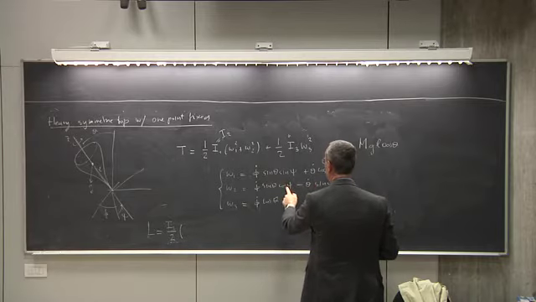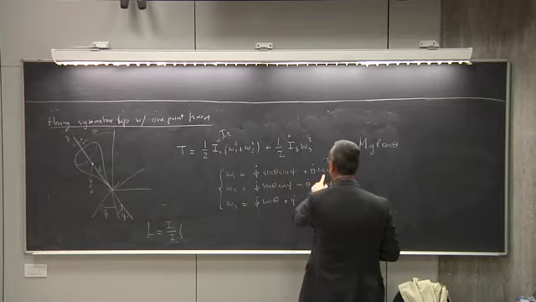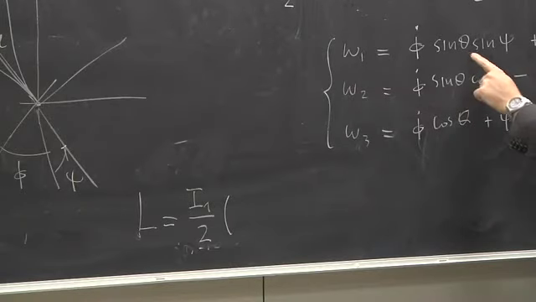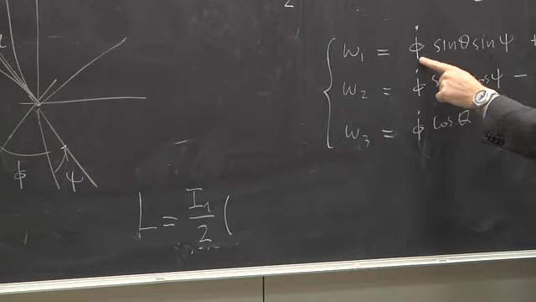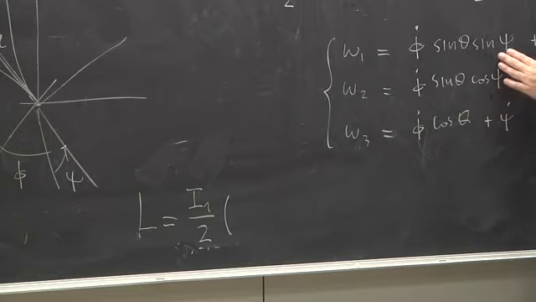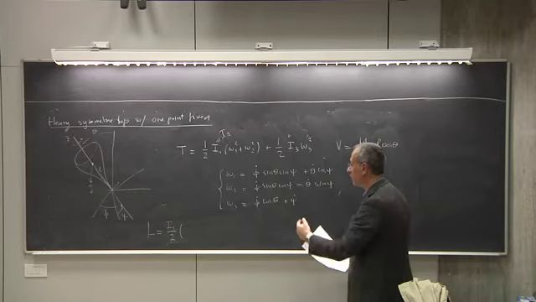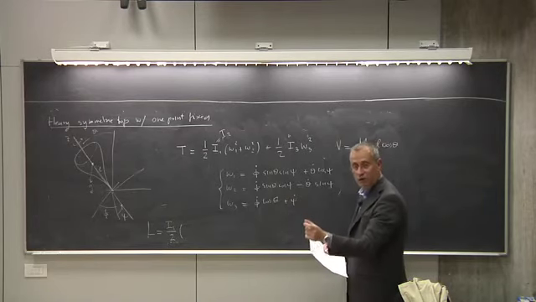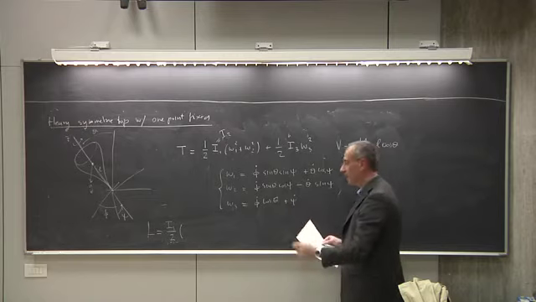Then you have the usual trick that you get sine square plus cosine square here, right? And here you get phi square sine square, then sine square cos square psi. So essentially the psi drops out because it's always in the combination sine square plus cosine square.